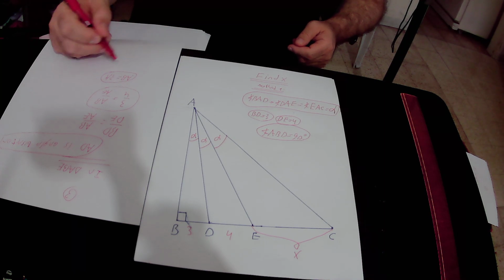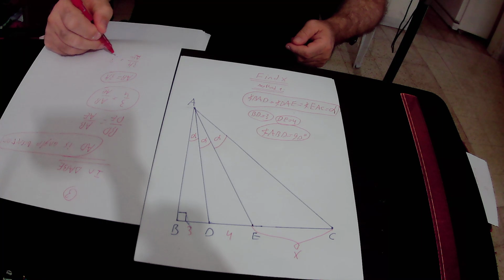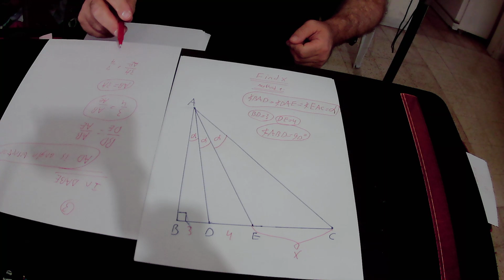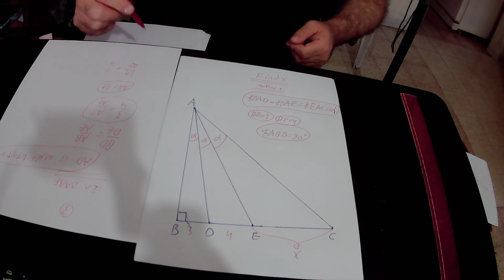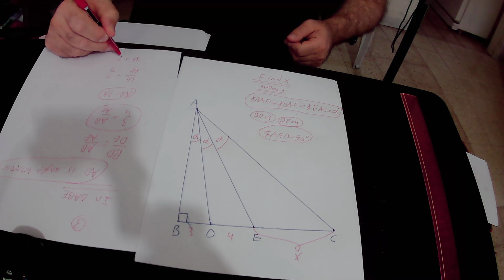So we get AB, equal to 3K, over AE equals 3 over 4. Here we will multiply this equality by AE and we will get that 3K equals 3 over 4 times AE.